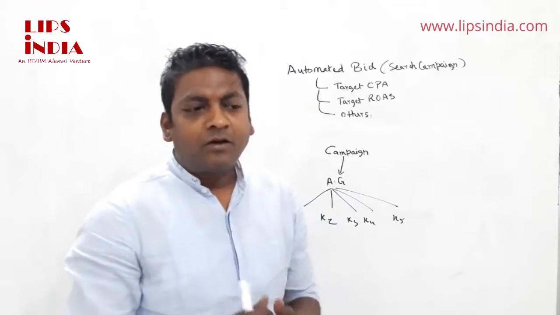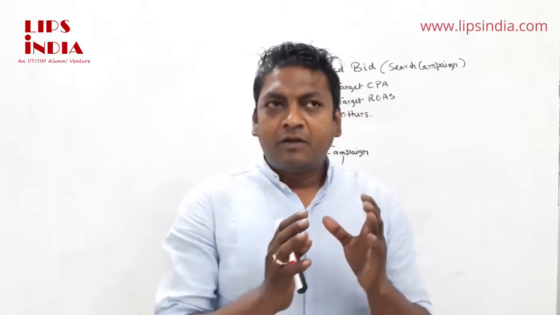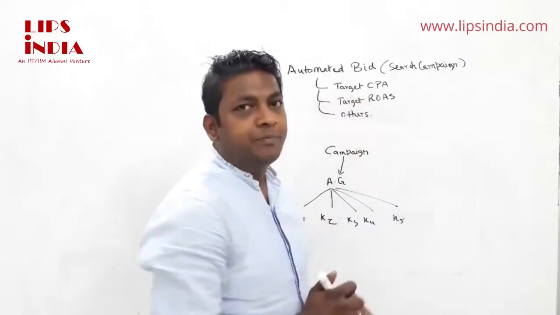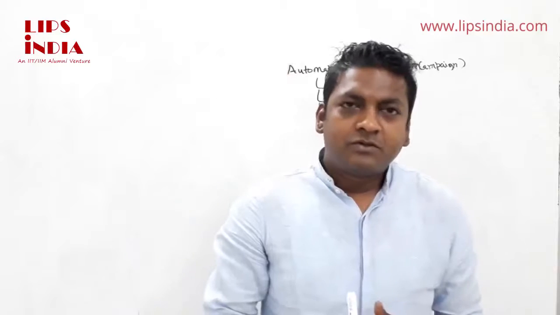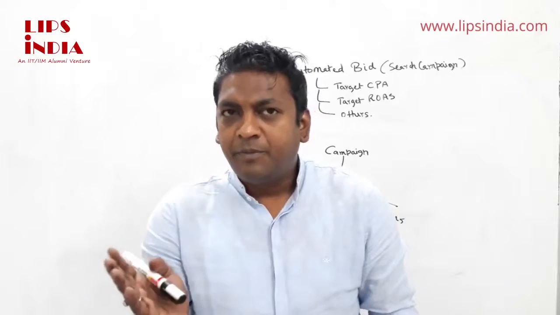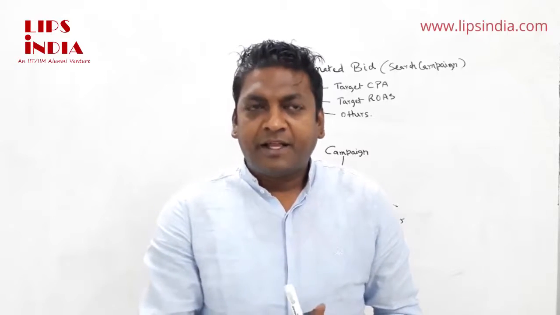When you leave it on automated bid, leave bidding to Google, and choose target CPA bid as an option, you assume that you would pay only when a conversion happens. While in reality, the amount of money which is spent is not related to the conversion.